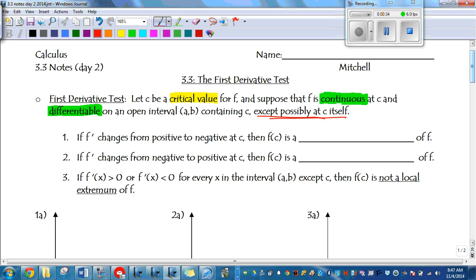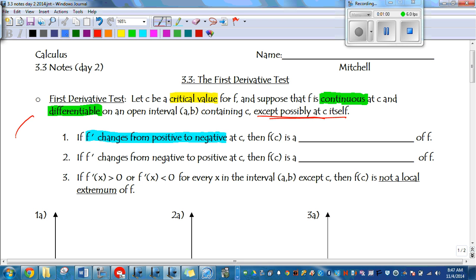Well, if these things are true, and then the derivative of F changes from positive to negative at C, there's going to be a special kind of point there. So let's think about this. If the derivative is positive, that means the function is increasing.